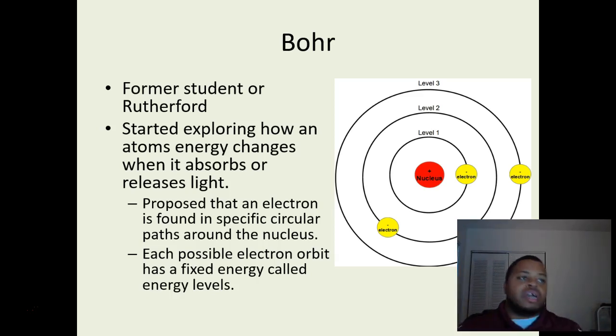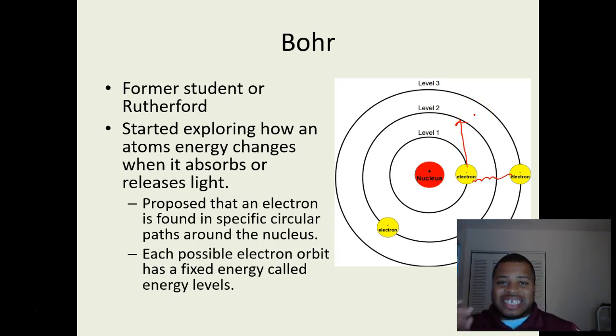Now, he started exploring how the energy level or energy amount of an atom changes when we hit it with light. This is one of the things that was originally explored by Max Planck. We'll talk about him a little bit and how we calculate the energy of the photon. But the basic idea was, if I have an electron like we see here on the screen, when I hit it with energy, it's going to cause it to go up to a higher level.